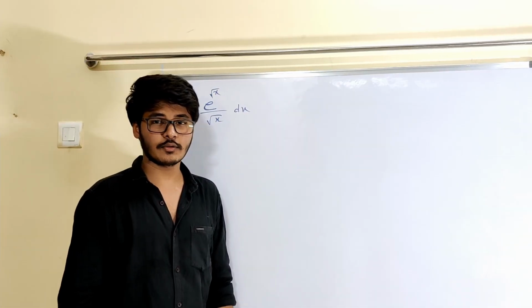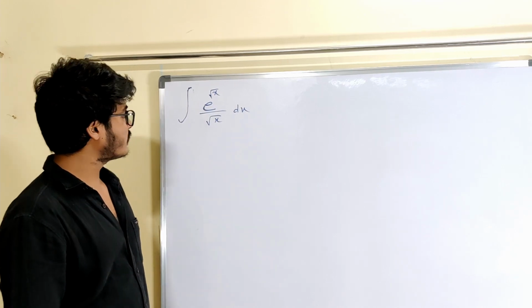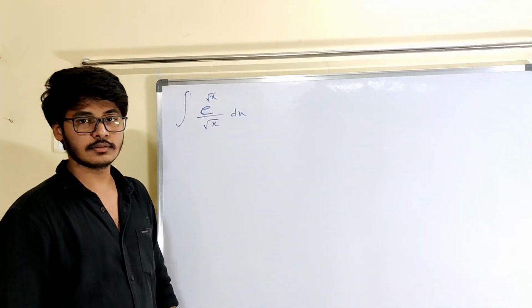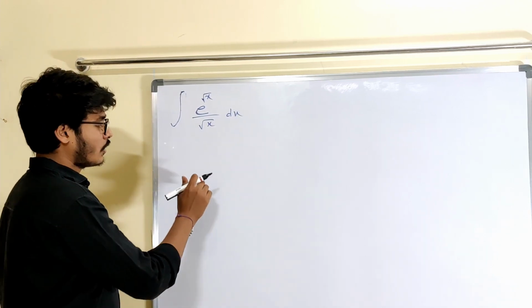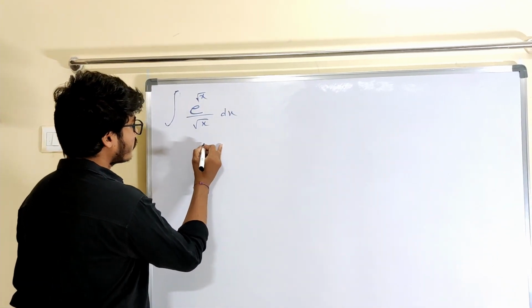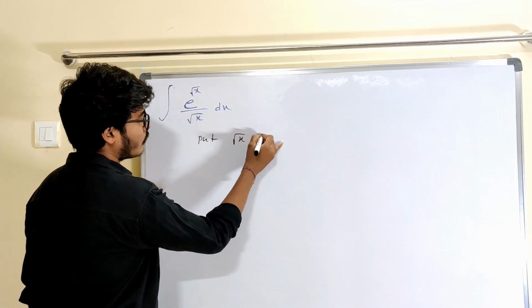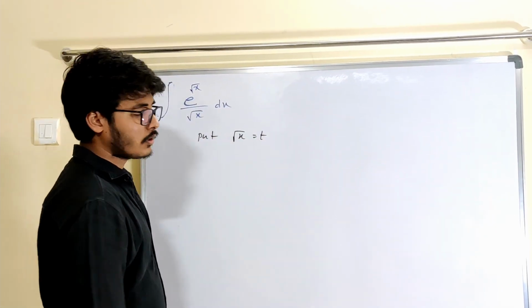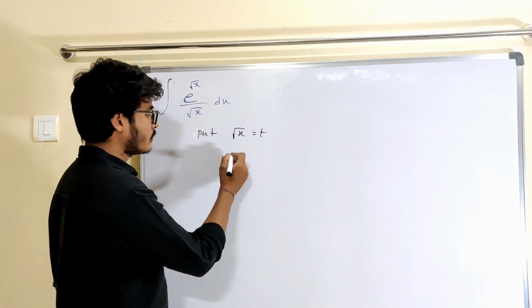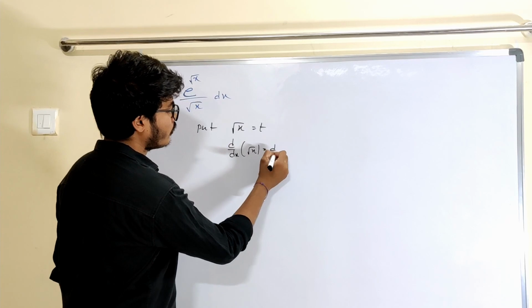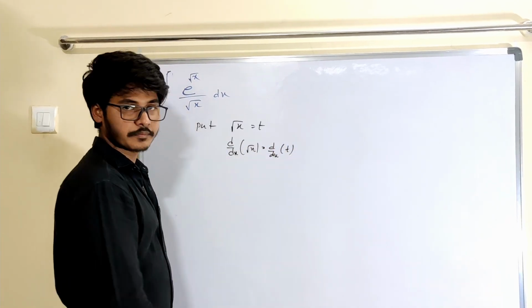Now we will see one another question. Here the question given is integral e power root x by root x dx. Now we will see how to solve this question. Now put root x is equal to t. Now we will do differentiation on both sides. Here d by dx of root x is equal to d by dx of t.